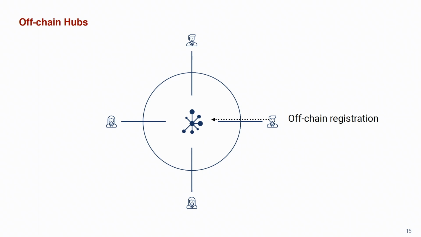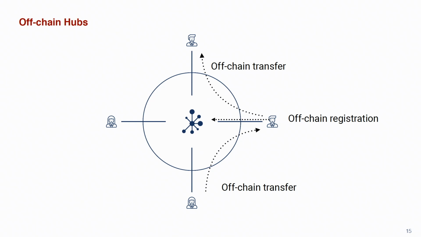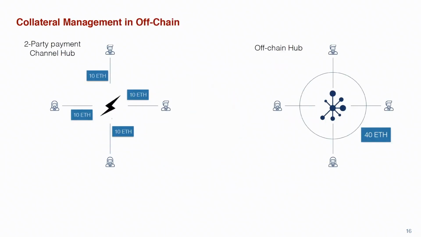And what's interesting is that here a new user could register off-chain, then receive off-chain transfers or transactions, and also forward off-chain transactions. So it's a more dynamic environment. So the comparison, for example, if you want to build a two-party payment channel hub, then you have to collateralize a lot.